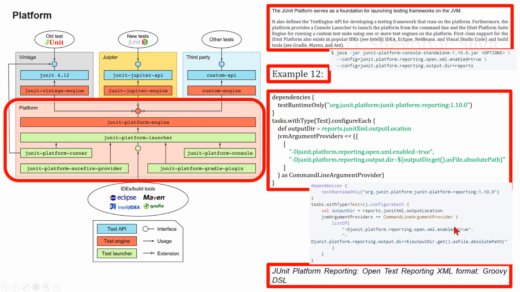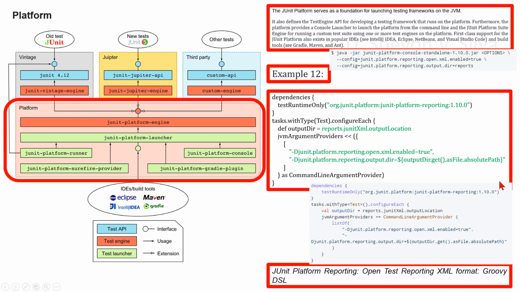Now we are considering Groovy DSL in Open Test Reporting XML format in JUnit platform. For Gradle, writing an Open Test Reporting compatible XML report can be enabled and configured via system properties.